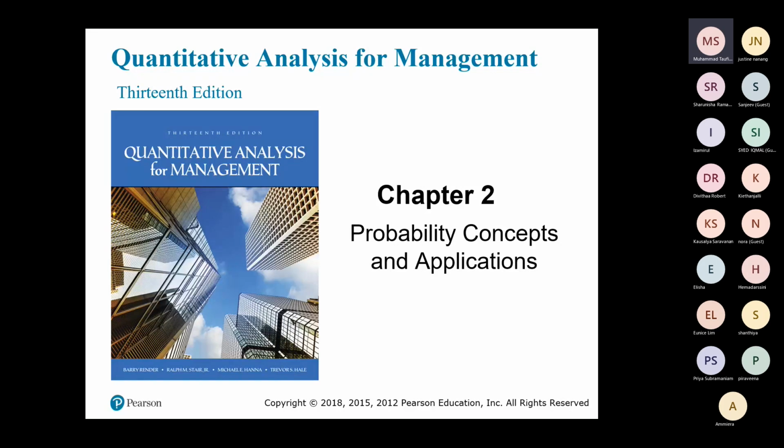Then we have another type of model, which is the probabilistic model. In a probabilistic model, you are not really sure the value that you will put in the model is 100% true and accurate.